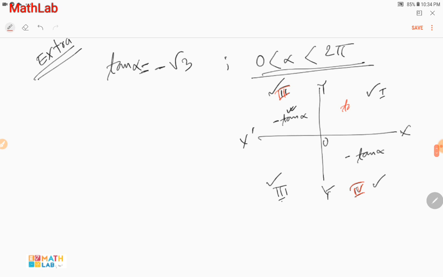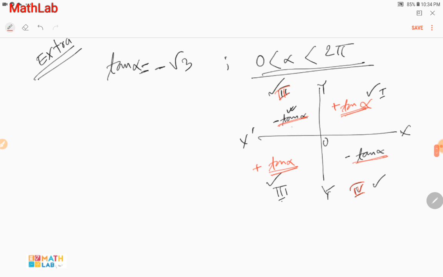In the first quadrant tan is positive, because all trigonometric ratios are positive there, and in the third quadrant tan and cot are positive. So our answer is in the second quadrant and fourth quadrant.